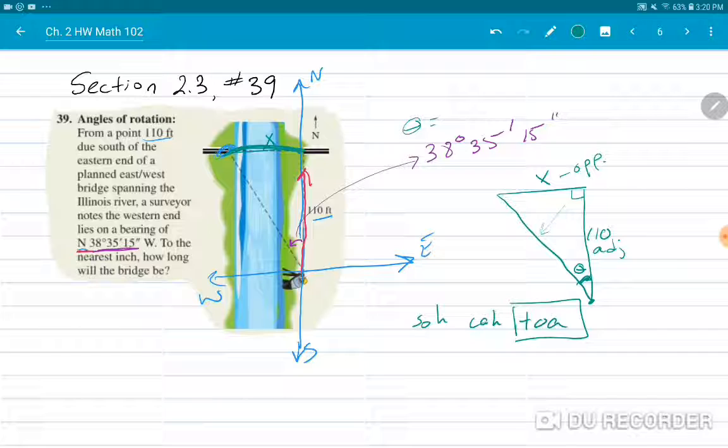We don't have the hypotenuse, so we can't use sine and we can't use cosine. Okay, so now I have tangent of theta equals the opposite, which is the x, over the adjacent, which is 110. And theta was actually 38 degrees, 35 minutes, and 15 seconds.